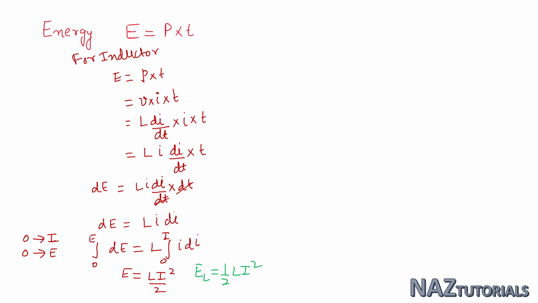Now for the capacitor, you can write the same formula. For a capacitor, energy is P into T. This P is V into I into T. For a capacitor, I is defined by C dV by dt.